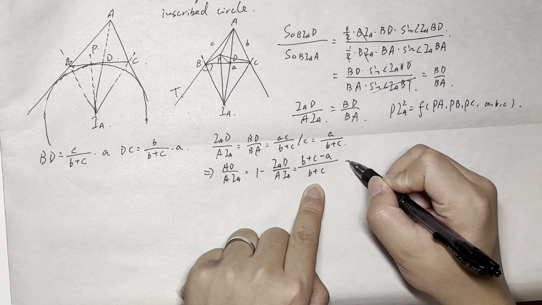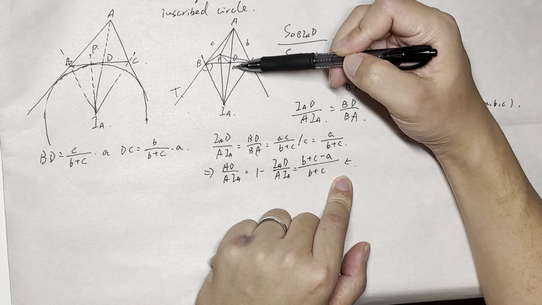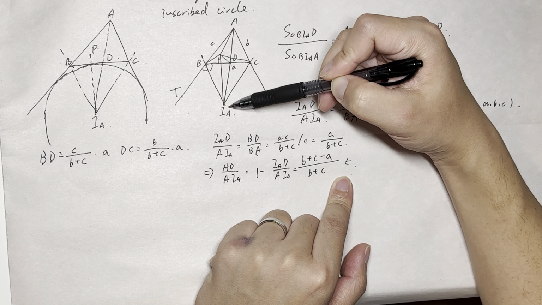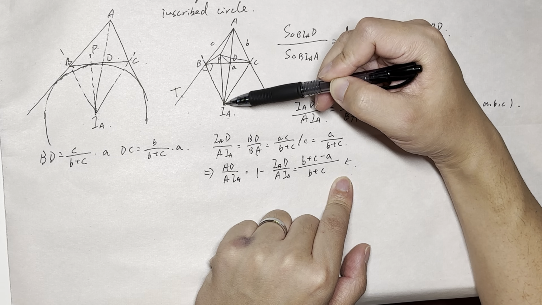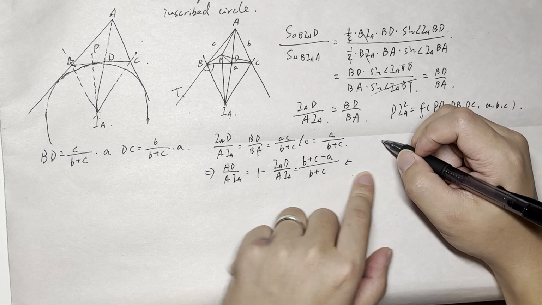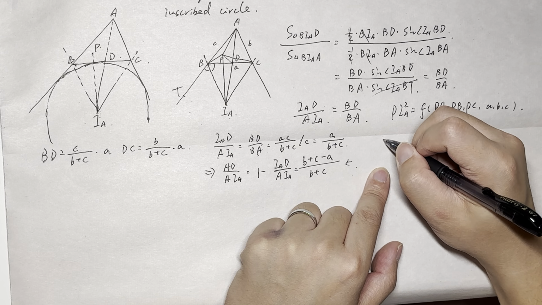And we can verify this. How? We can look at the triangle DCIA and the triangle ACIA, right? So let's just do it.